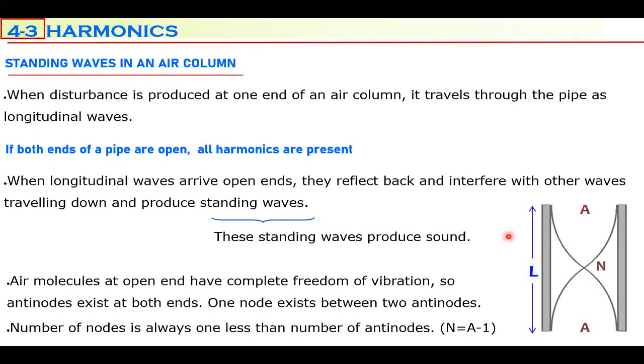In a string, the number of nodes is one greater than the antinodes, but here the number of antinodes is one greater than the number of nodes. One node exists between two antinodes. The number of nodes is always one less than the number of antinodes in a pipe with both ends open.